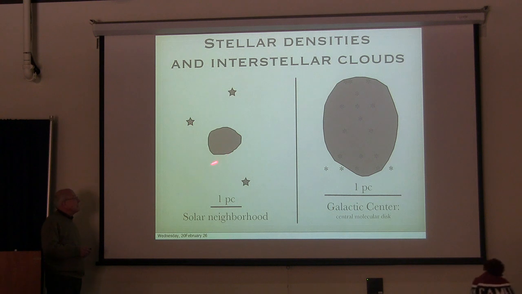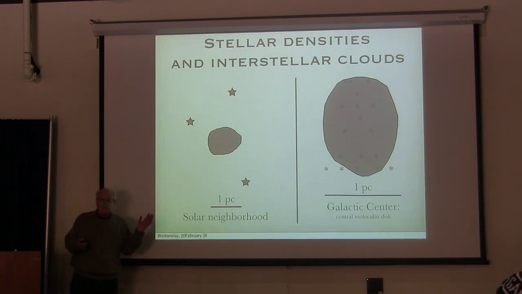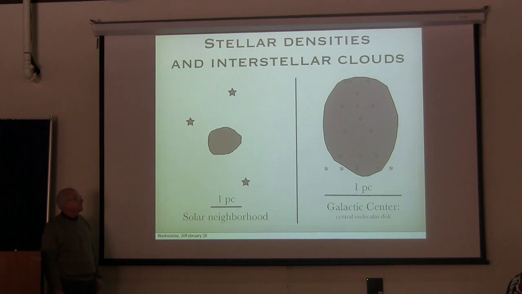And so an interstellar cloud that's a few tenths of a parsec across fits easily in the space between the stars.